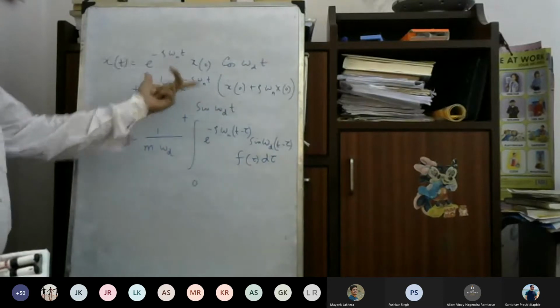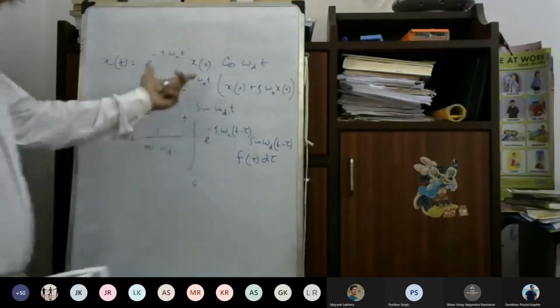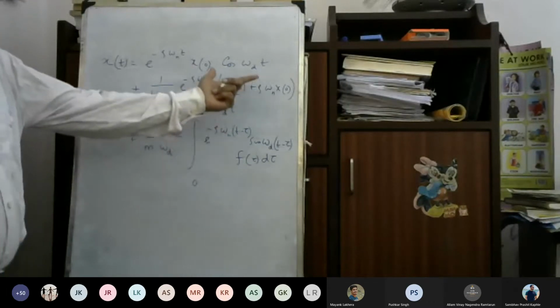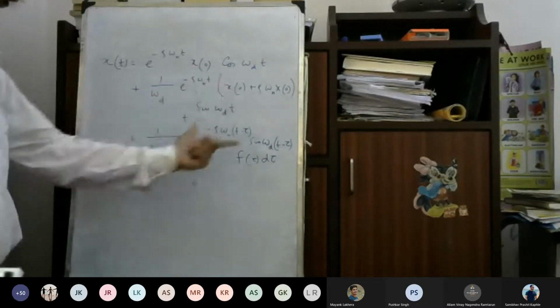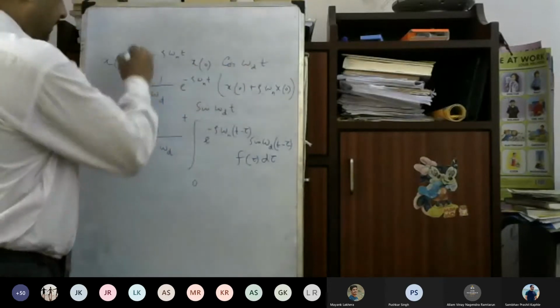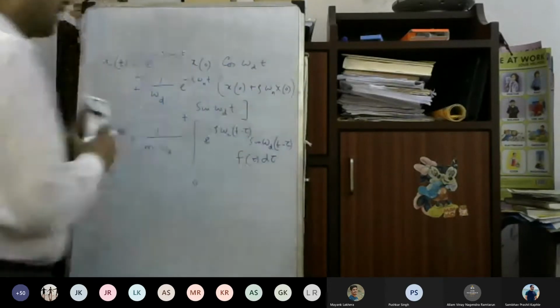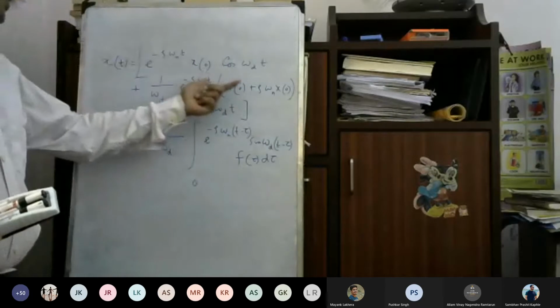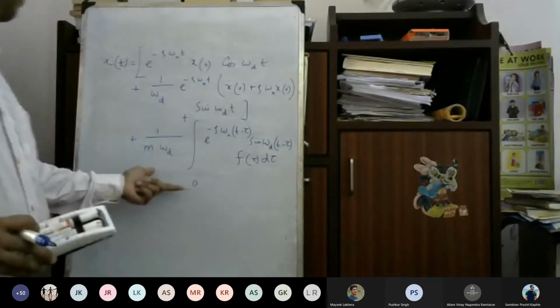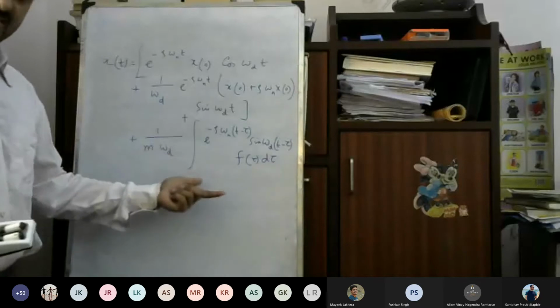So here we have this quantity, and it contains this first part up to here. This contains every information of the initial condition. The other part is because of the forcing with a zero initial condition.